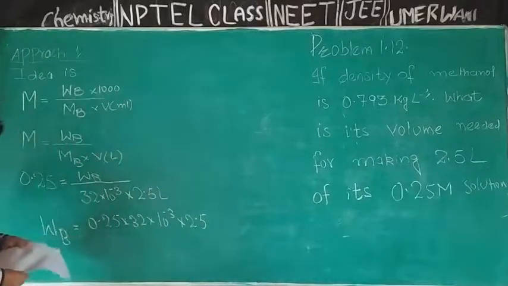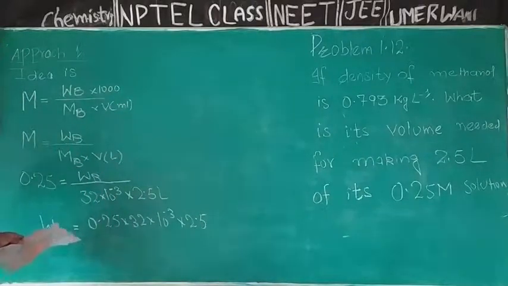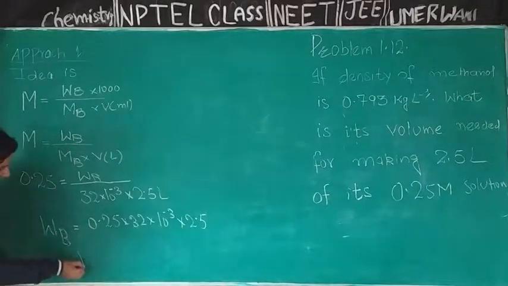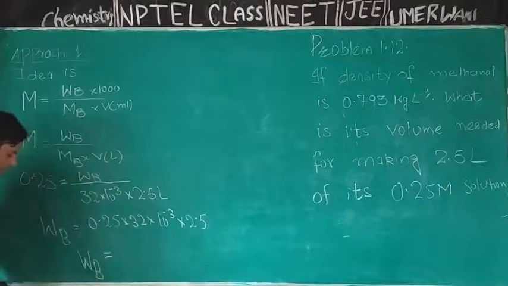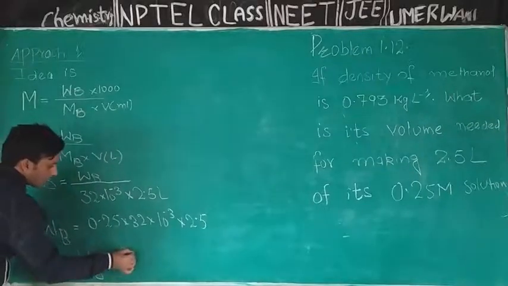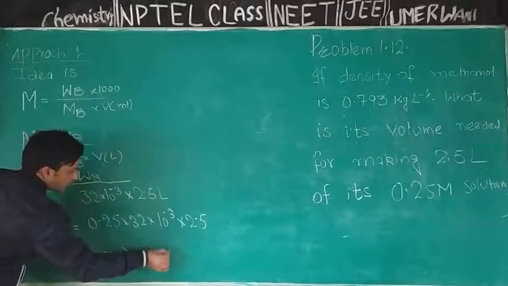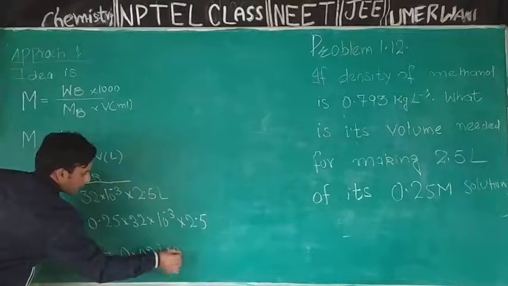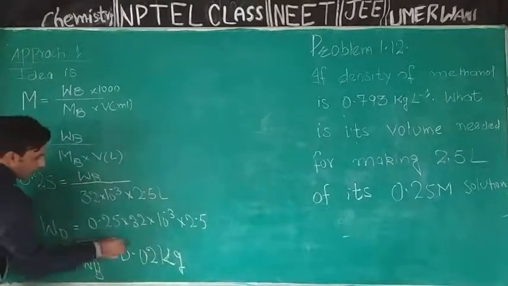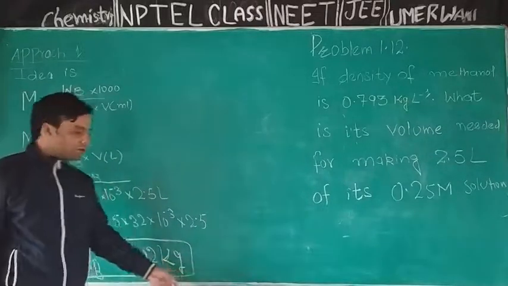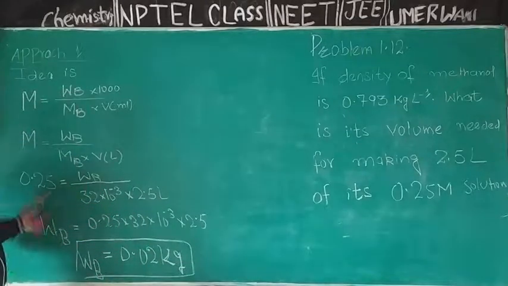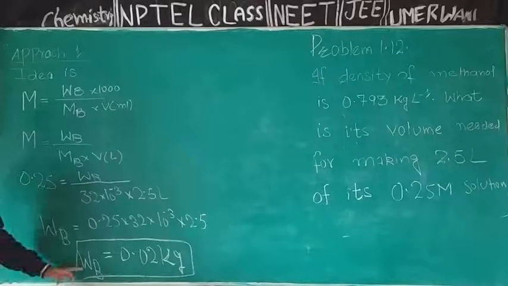It comes equal to weight 0.02 kg of methanol is to be dissolved in 2.5 liter solution so as to get 0.25 molar solution, but we have to report answer in terms of its volume.